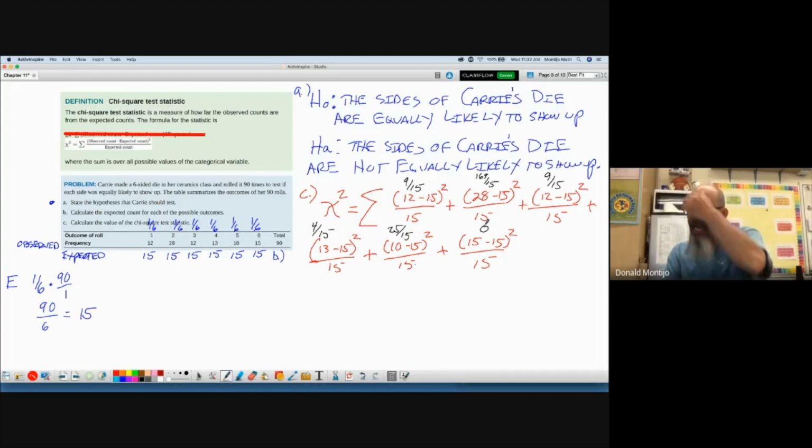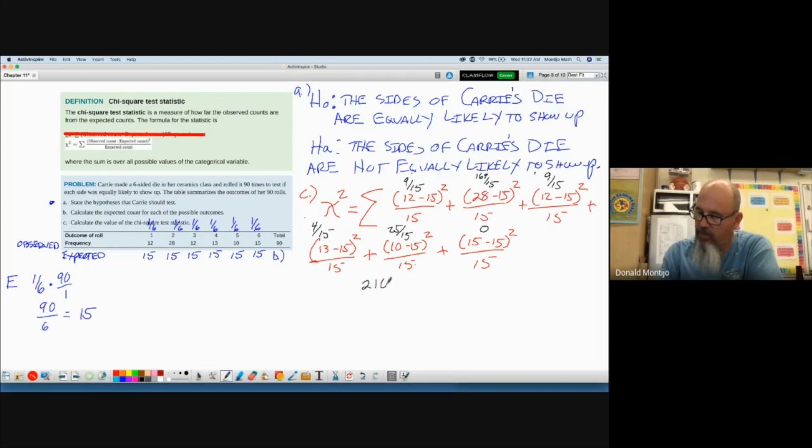Now I need to add all of those together. If I add up all of these fractions, they all have a common denominator of 15. So these two together make 178, 187, 191, plus 25 would be 216.